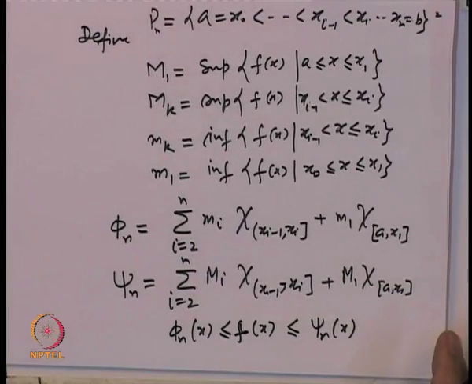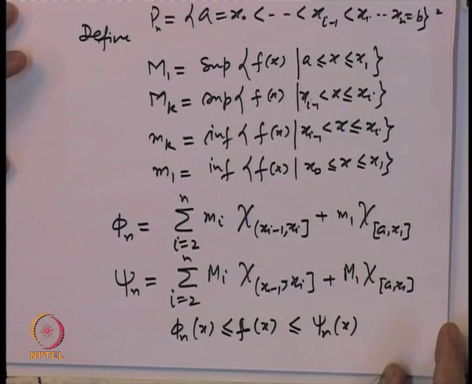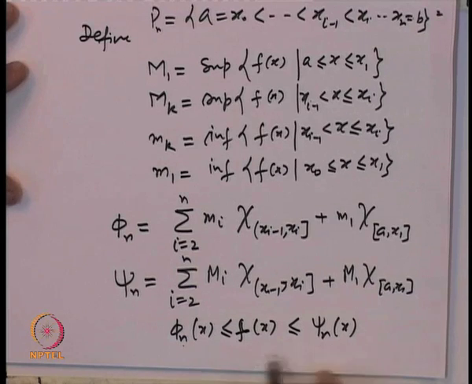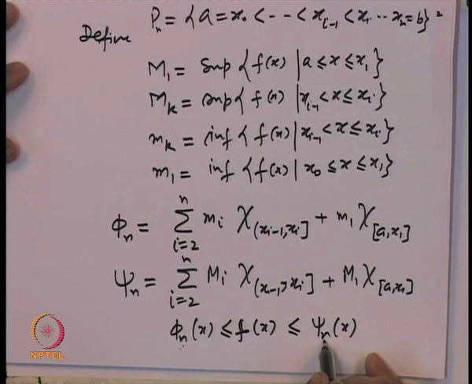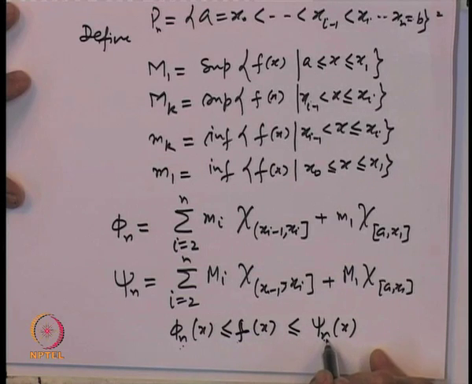So, as a first step, the Riemann integrability of the function f over the interval [a, b] gives us a sequence of functions phi_n and psi_n, where each phi_n is a step function, each psi_n is a step function, and phi_n is less than or equal to f of x, which is less than or equal to psi_n of x.